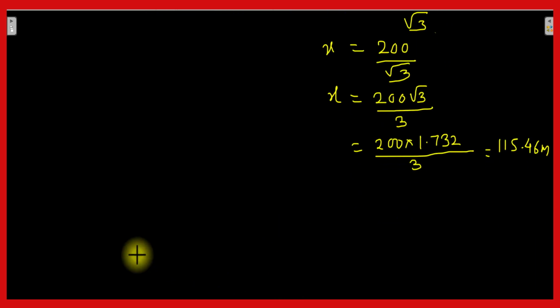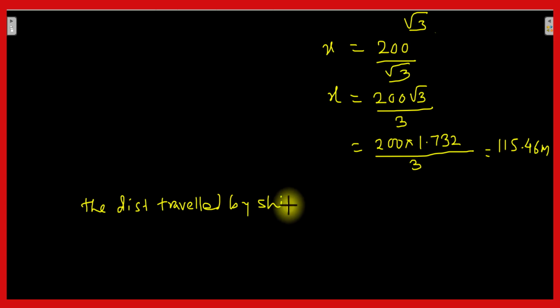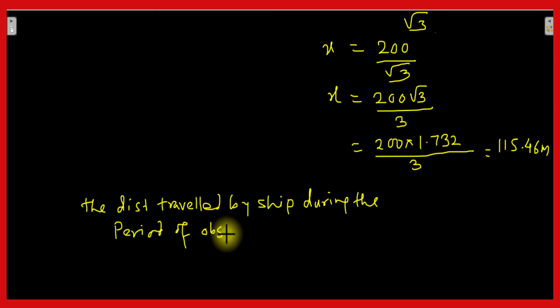So you will write the answer: the distance traveled by ship during the period of observation is equal to 115.46 meter.